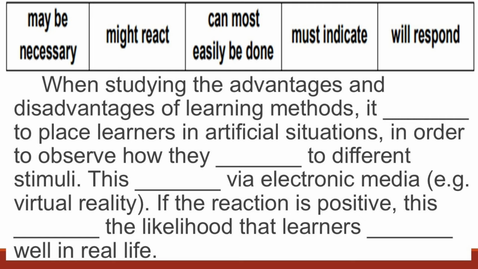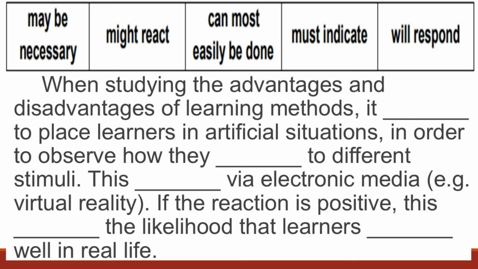So you have to choose the answer from the box above the text that we have. So let's read. When studying the advantages and disadvantages of learning methods, it blank to place learners in artificial situations in order to observe how they blank to different stimuli, this blank via electronic media, example given, virtual reality.